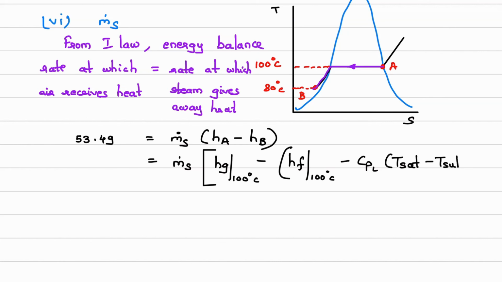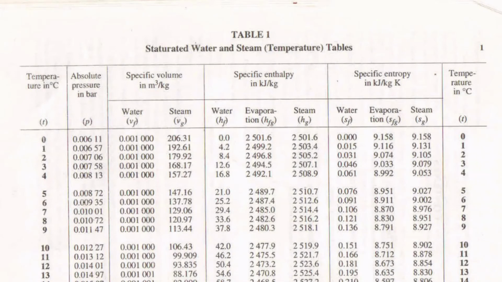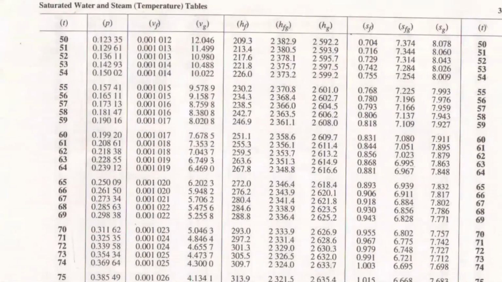So we'll go to the steam table now. In case of the steam table, what values do we have to read? Hg at 100. This is the temperature table, 100 degrees Celsius, we have to read the Hg value.